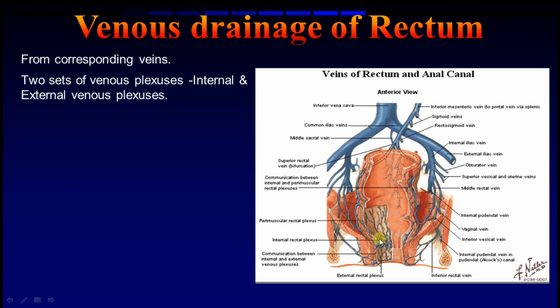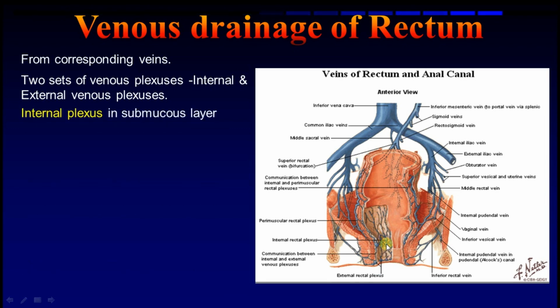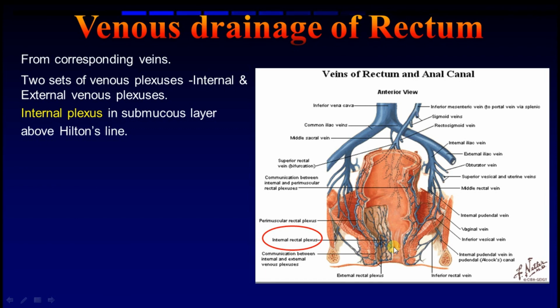So the internal venous plexus is situated deep to the mucous membrane, in the submucosal layer. You are able to see the internal venous plexus, rectal plexus, and it is above the Hilton's line. I will come to what is Hilton's line in the anal canal.